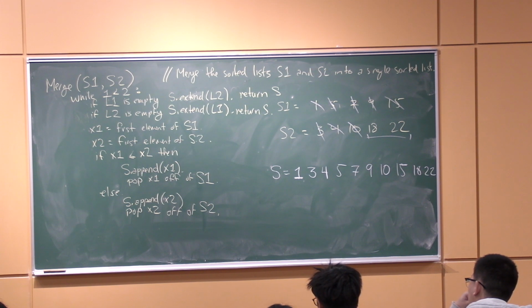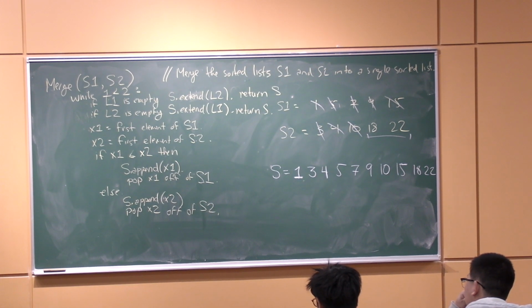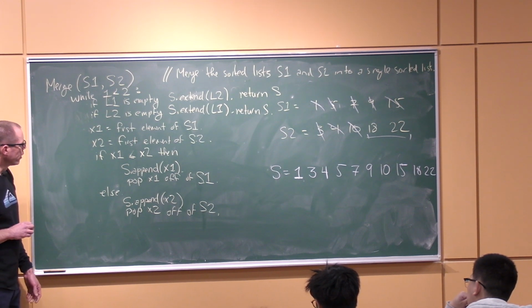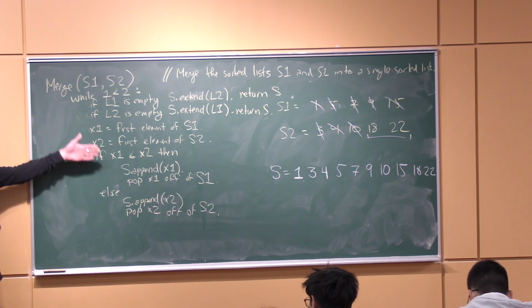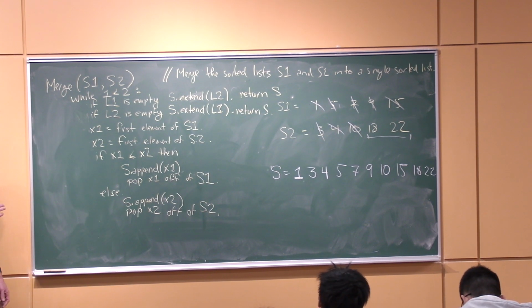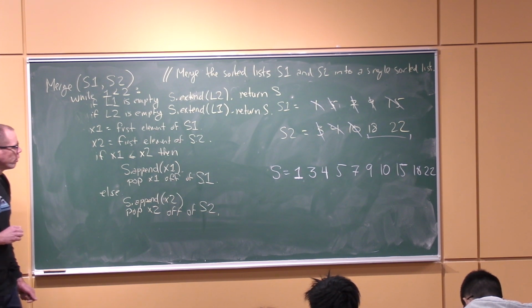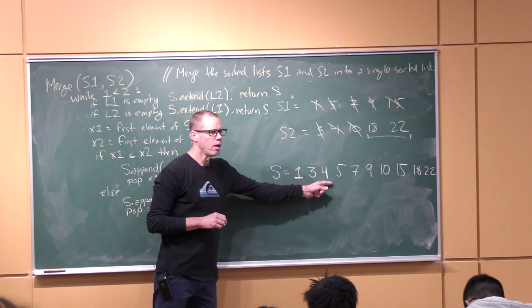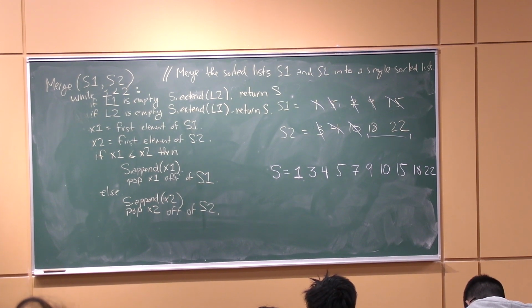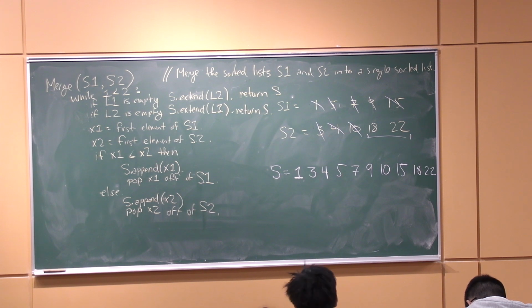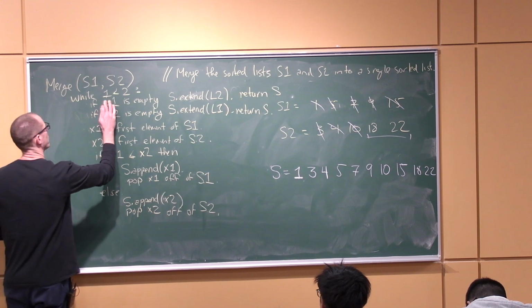Okay. But hopefully you're convinced that this procedure, as long as I give it two sorted lists, S1 and S2, will return a sorted list that contains all the elements of S1 and all the elements of S2. Yeah. Where is this? Oh, yeah, of course.